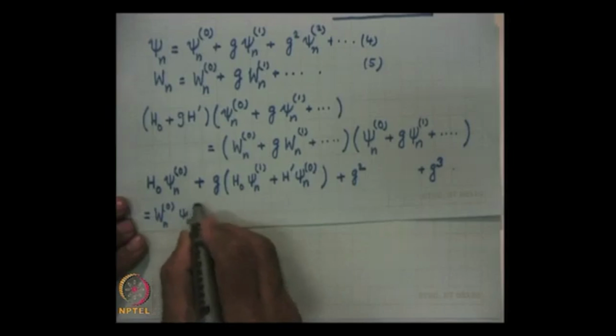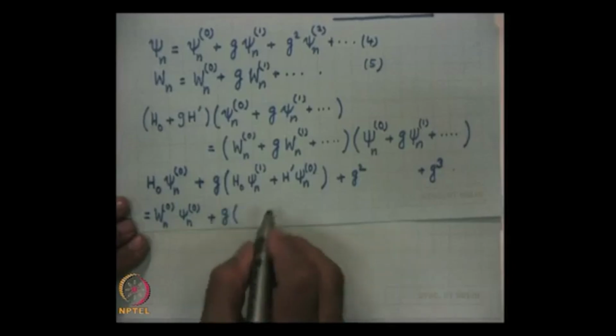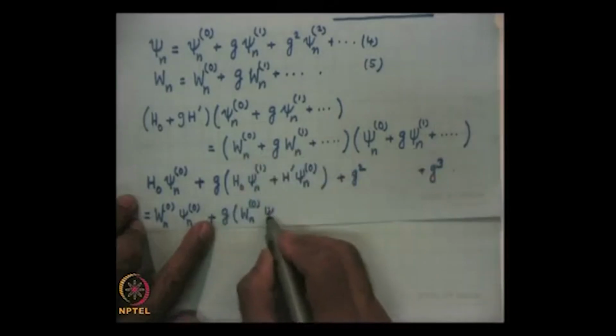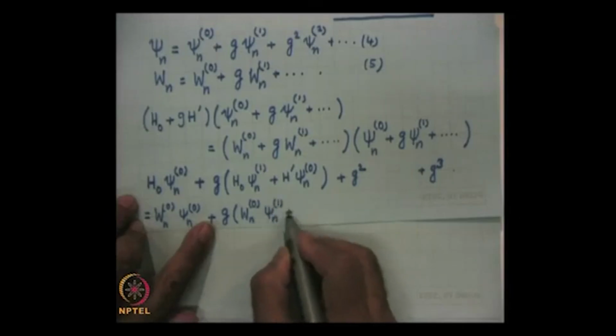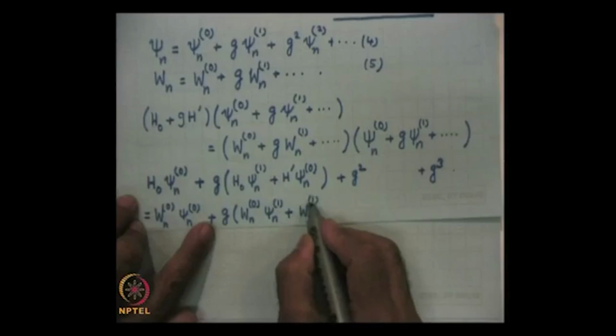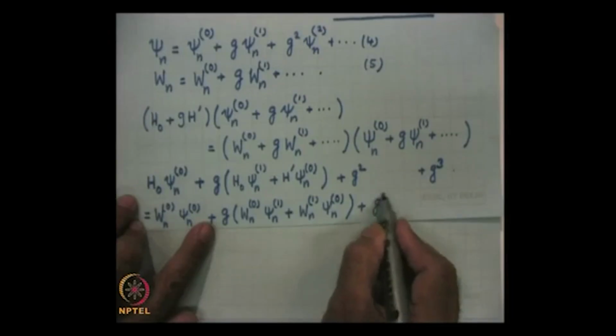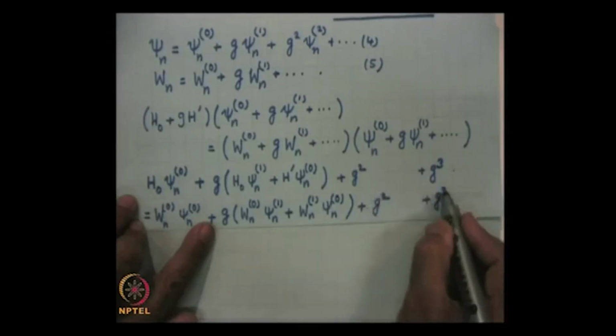This will be equal to, the first term, W n 0 psi n 0, plus the term which is proportional to g, W n 0 psi n 1 plus W n 1 psi n 0, plus terms which are proportional to g square plus terms which are proportional to g cube.